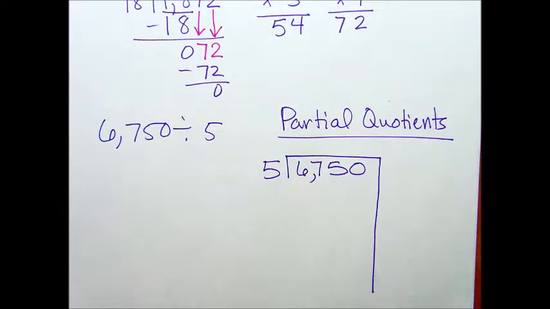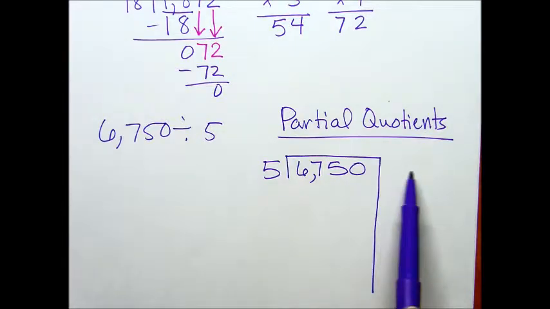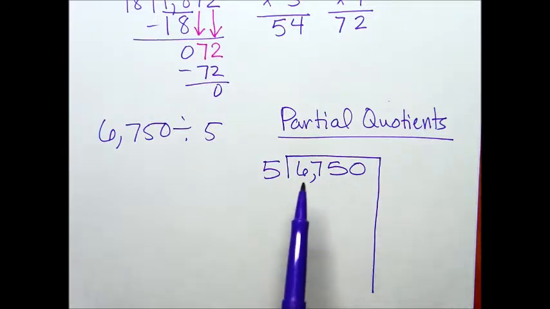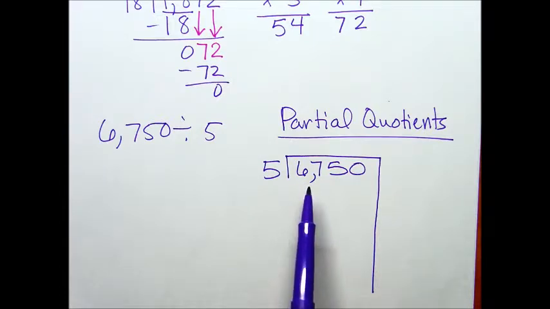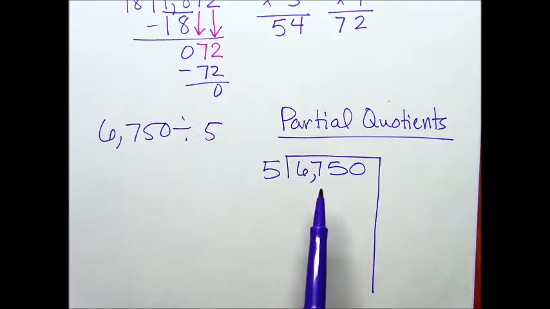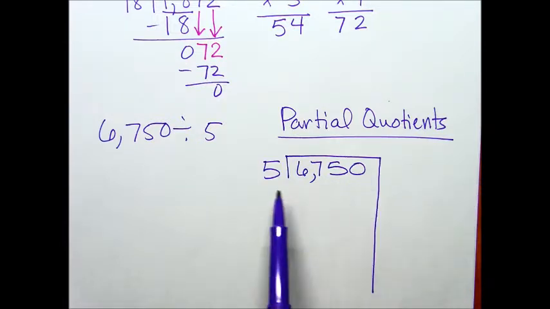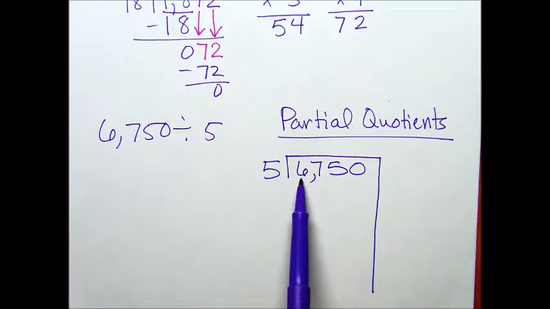And what we're going to do is write our factors on the right here. We're going to use numbers that we feel comfortable using, that we know by heart, like tens, hundreds, thousands. So instead of looking at this 6, we're going to look at the whole number.